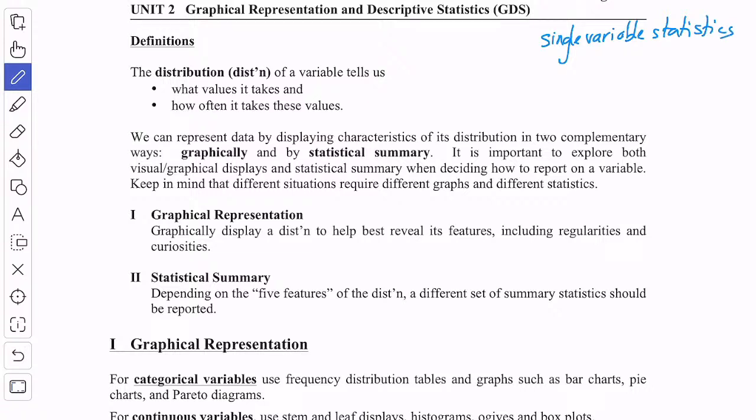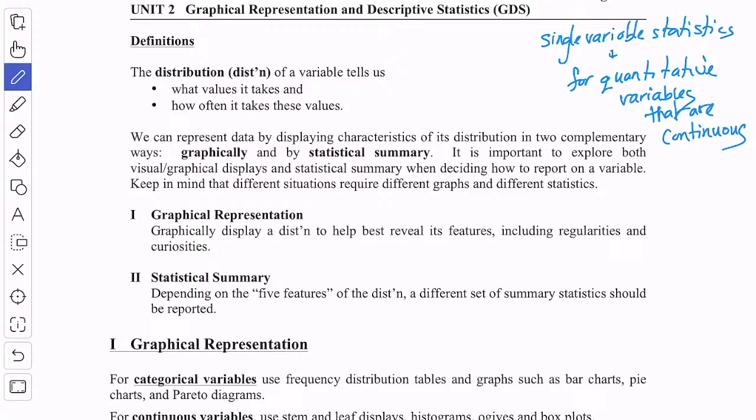And we're going to focus on quantitative variables. In particular, I guess I have to say continuous. We're going to talk about discrete variables later, and otherwise we're not going to deal with qualitative data.